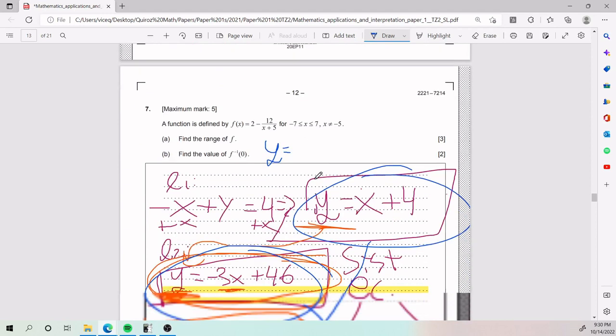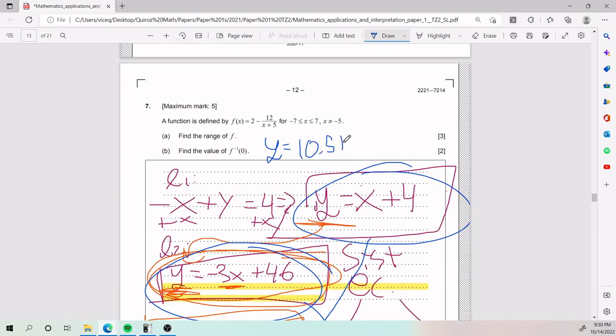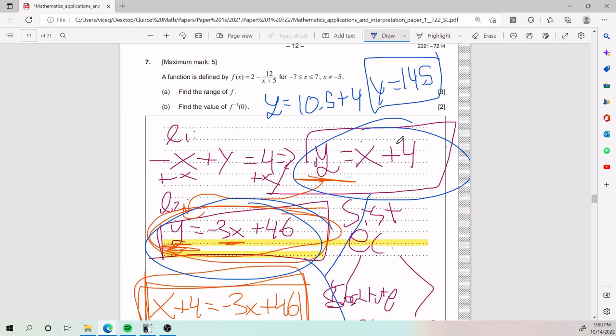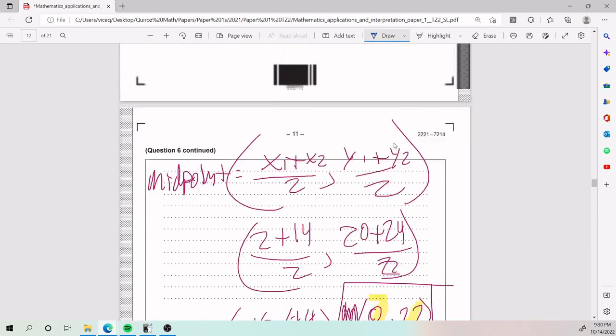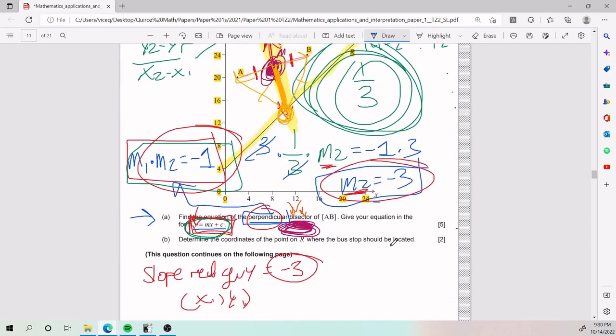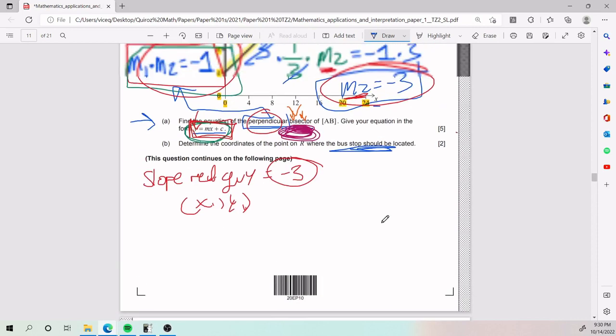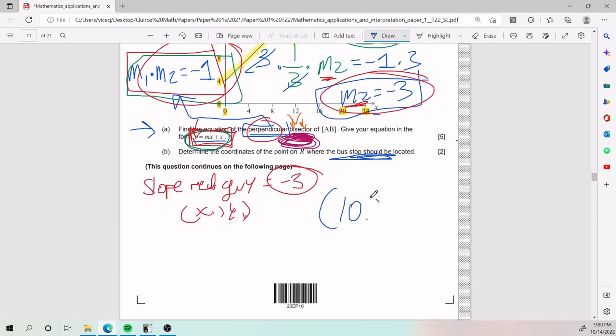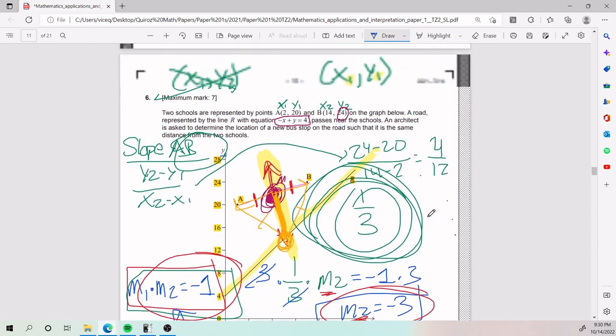So 10.5 plus 4, y has to be 14.5. See? So that is my x comma y, which is the location of my bus stop, where the bus stop should be located. See? So my answer finally would be 10.5, comma 14.5. That is how you do number 6.